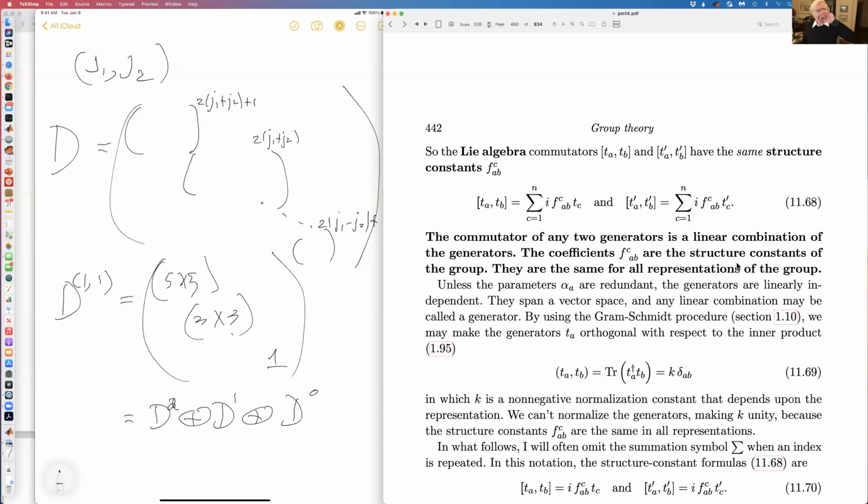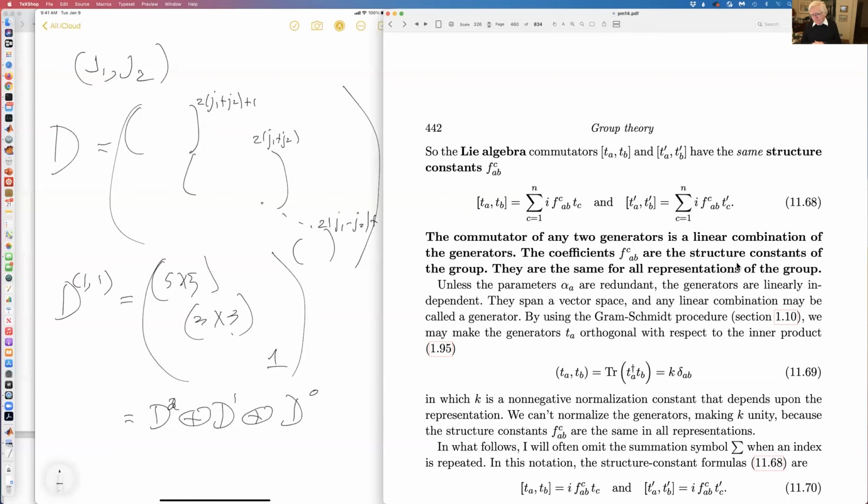namely that you have a Lie group, and if you look at the actual matrices that depend on some 20 or 30 or 5 or 10 or 3 or 4 continuous parameters, these are bewilderingly complicated.